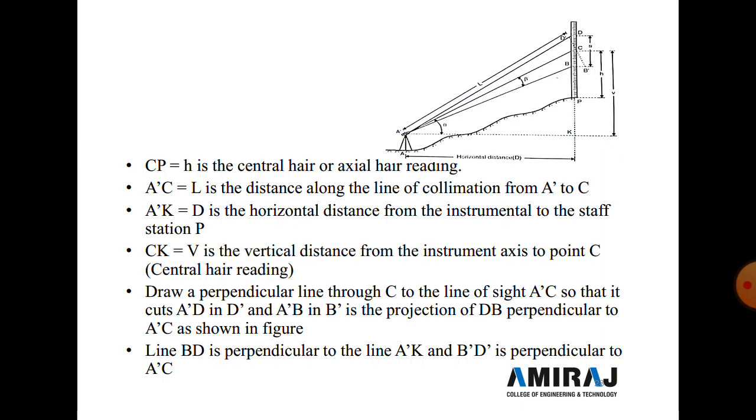Now next is CP. Here C to P is small h, the central hair or axis hair reading. So see the small h value.